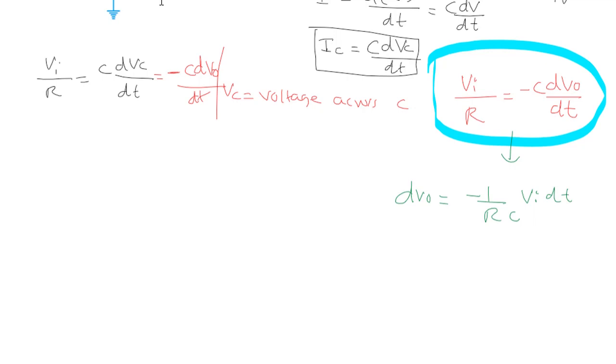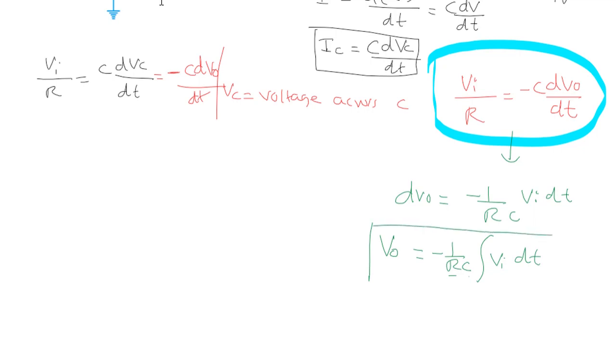So the output potential V0 will be equal to minus 1 by RC into the integral of Vi into dt. Since R and C are constant, I can take it outside the integral.